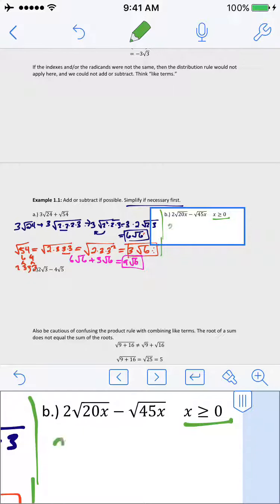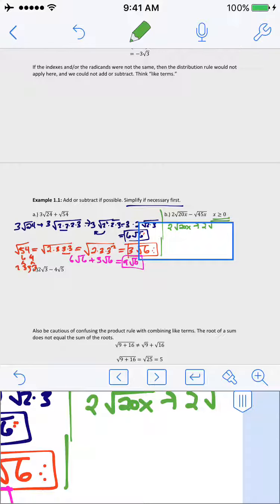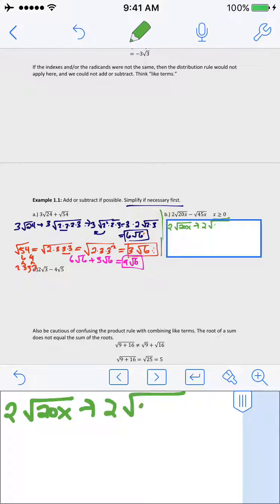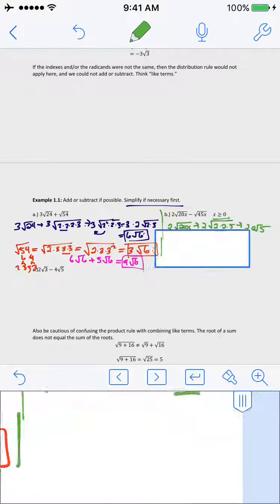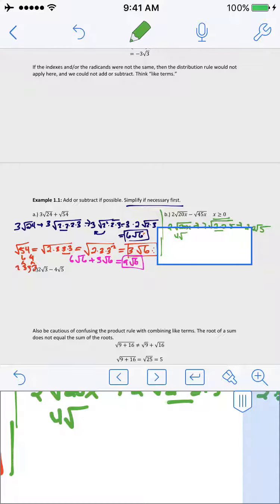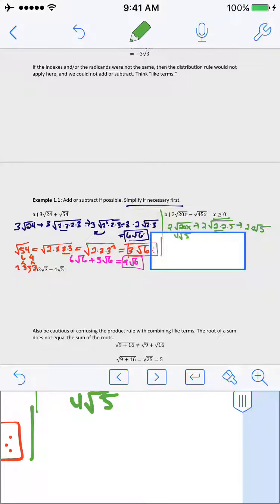Square root of 20, so I have 2 root 20x, that's going to become 2 root, let's see, that's 2 and 10, or 2 times 2 times 5. That's going to be a pair that gets to come out, so 2 times 2 root 5 or 4 root 5. Okay, so that first one's 4 root 5.